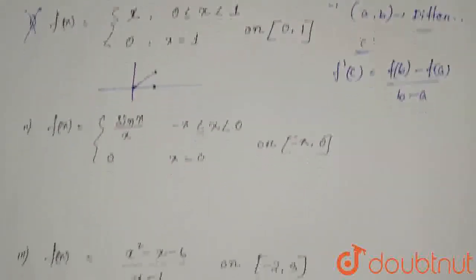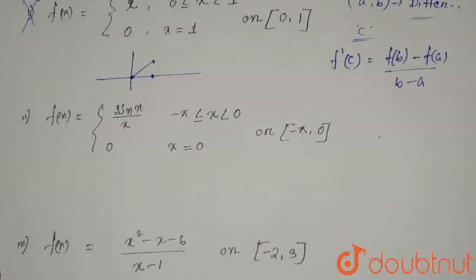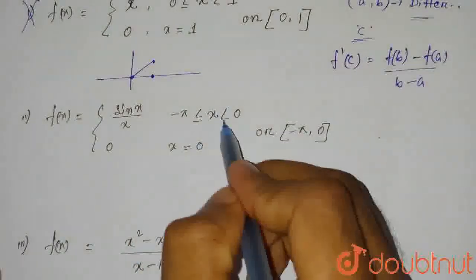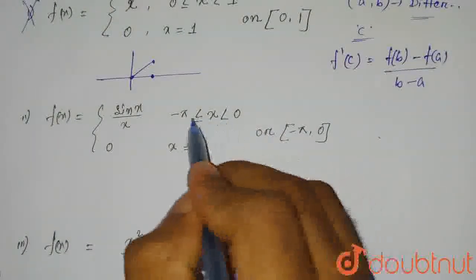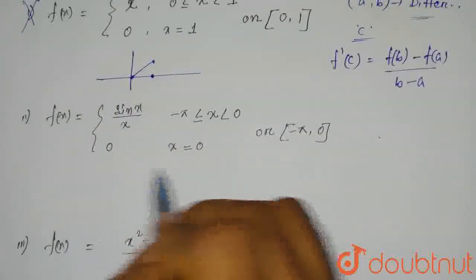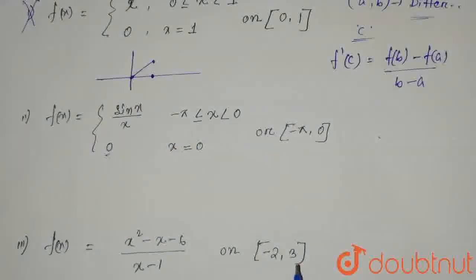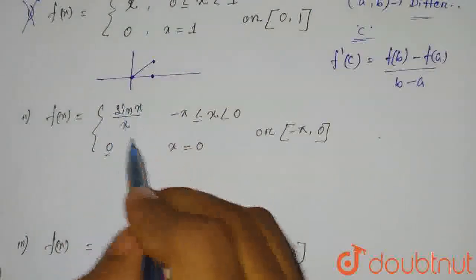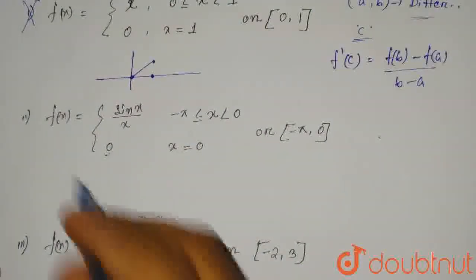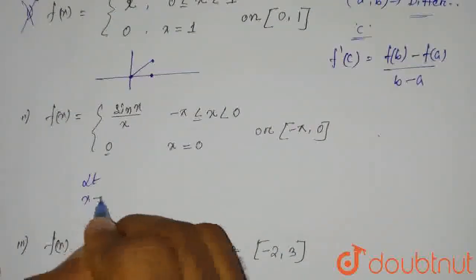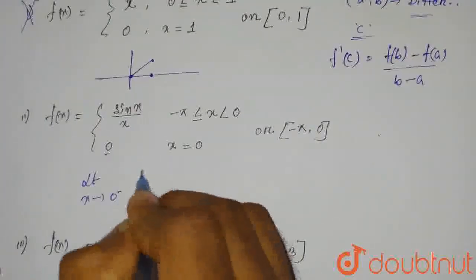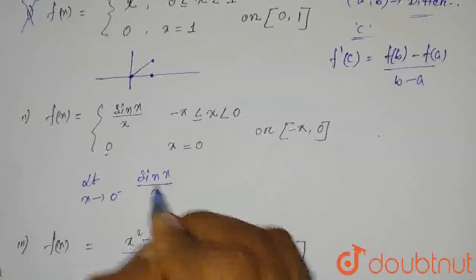Okay, so let's consider our second option. For the second function, it is given that for x less than 0 it is sin x divided by x, and at 0 it is 0. Let's find whether at 0 this value tends to 0 or not. We can apply the limit as x tends to 0 minus of sin x divided by x.